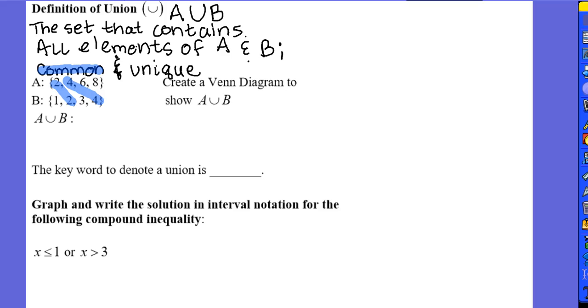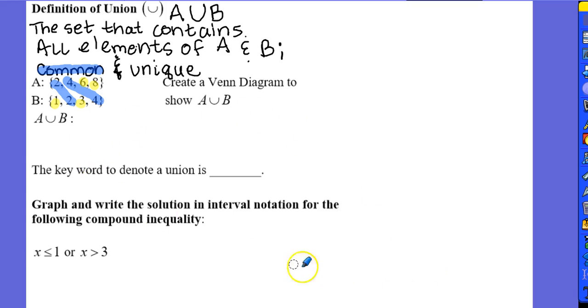So what I'm going to do is color code the unique in a different color here. And I'm just color coding. So what they have in common is part of the solution, and what they have that's unique is also part of the solution.